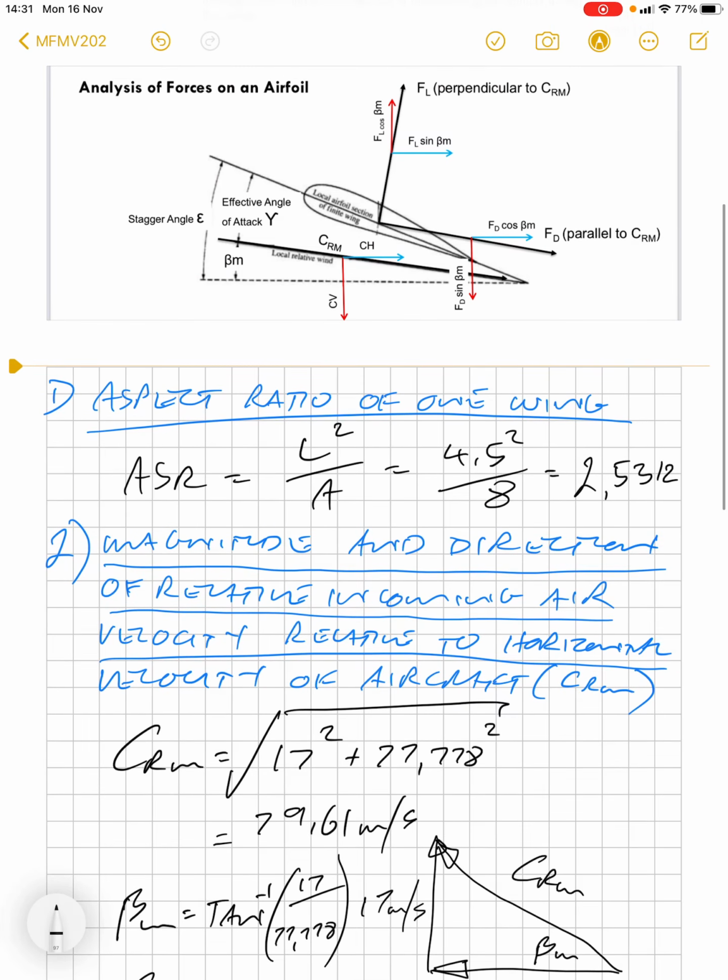So if we look again at the diagram, the horizontal forces are the blue ones.